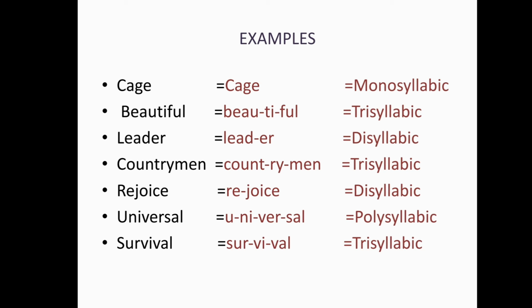The word universal has four vowel sounds, and this word can be divided into four syllables. It is a polysyllabic word. The word survival has three vowel sounds and it can be divided into three syllables. It is a trisyllabic word.